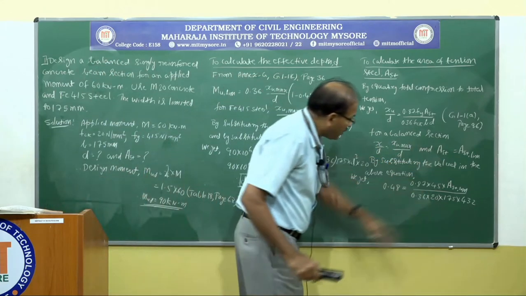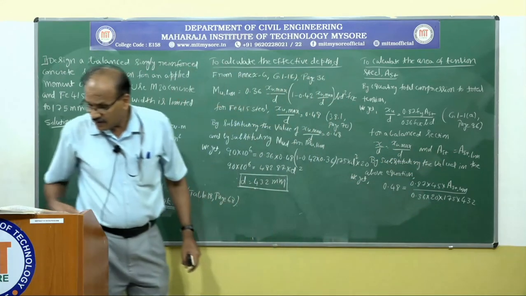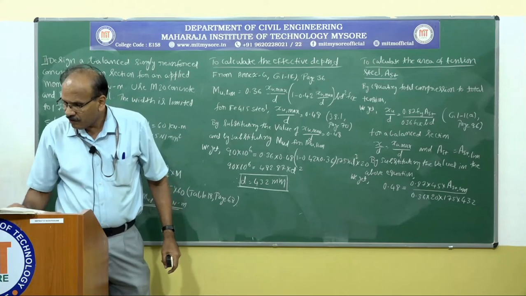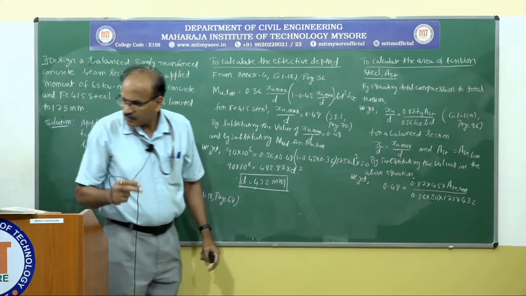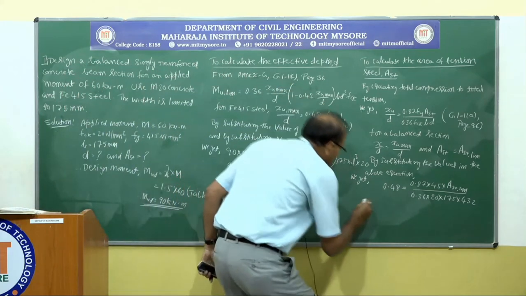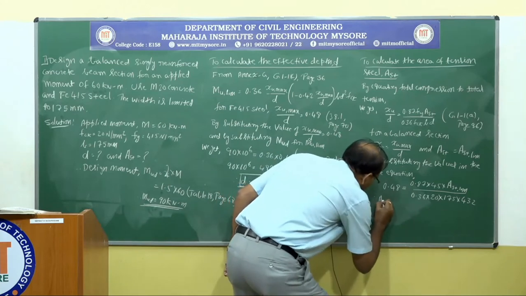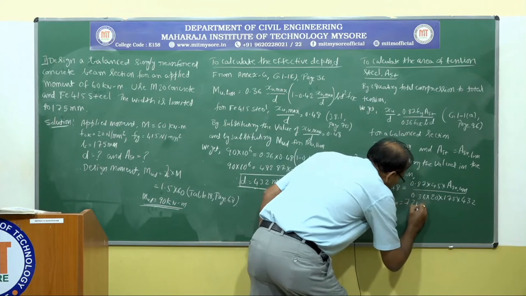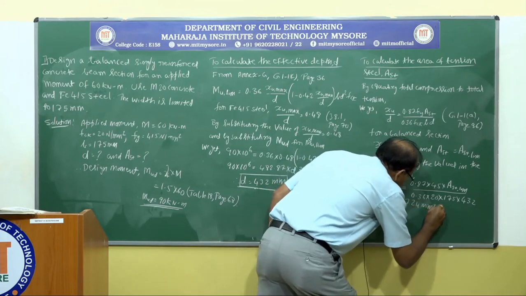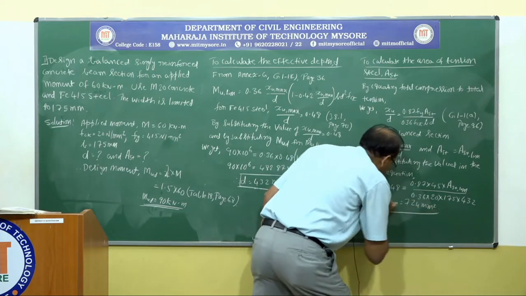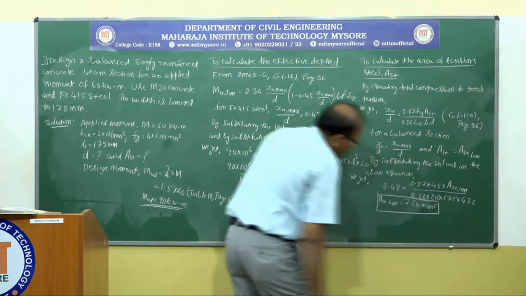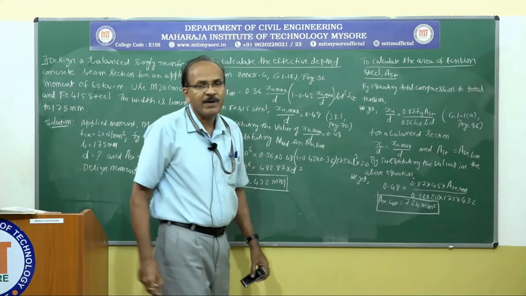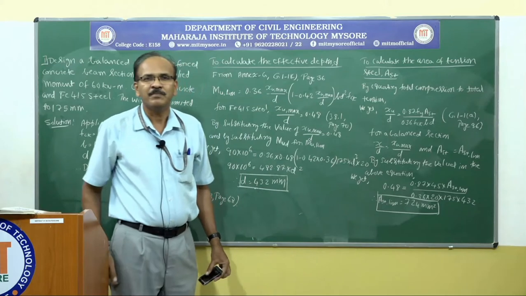By substituting all the values, we get the value of steel, that is AST limit. Therefore, AST limit equals 724 millimeter square. This is the area of steel required for a balanced section.